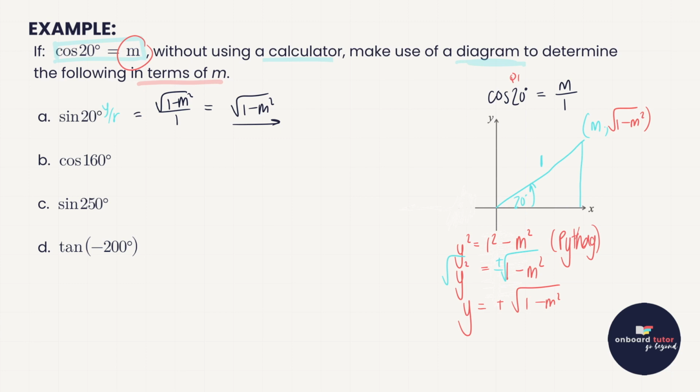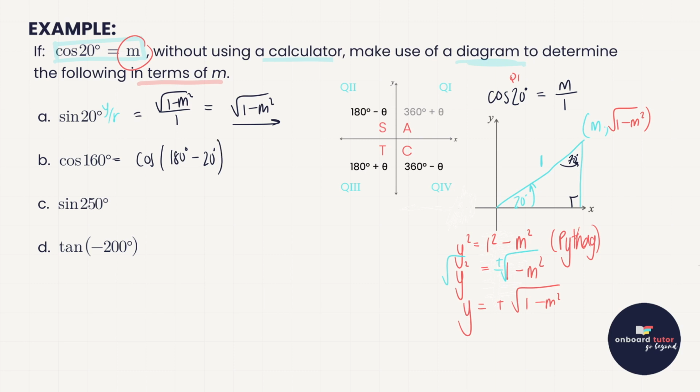Cos of 160. Now have a look at this triangle. There's a 20 degree angle. This would be 90 here, which means this one here is 70. And so there's no 160 degree angle in this triangle. So I'm going to need my knowledge of cofunctions and reductions to carry on with this question. So 160 degrees is somewhere here in the second quadrant, right? So I can rewrite this as cos of 180 minus 20 degrees.